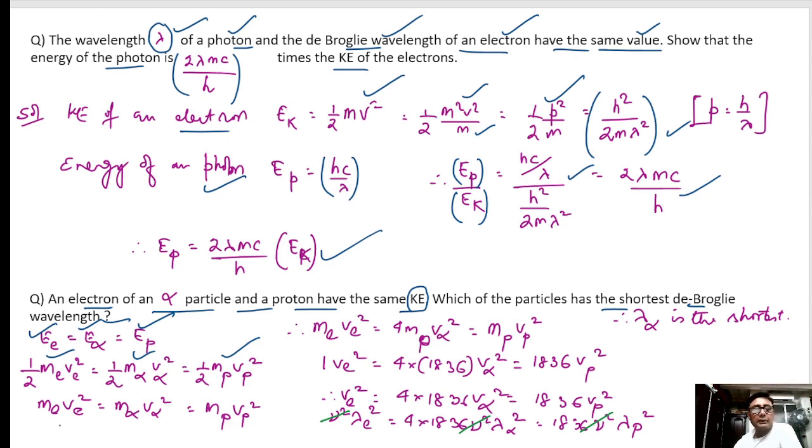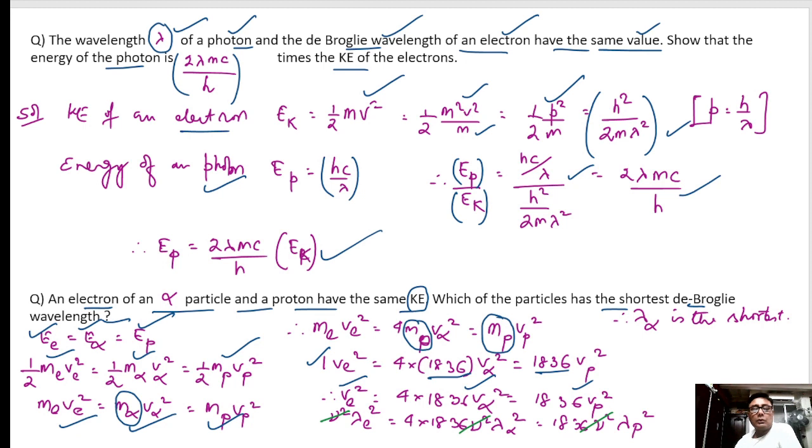So we can write this. Now we know that the mass of the alpha particle is 4 times the mass of a proton. So we wrote that, and this is the mass of the proton. The mass of an electron, if the proton is this, so cancelling out, we get VE square equal to this much, V alpha square equal to this much, VP square.